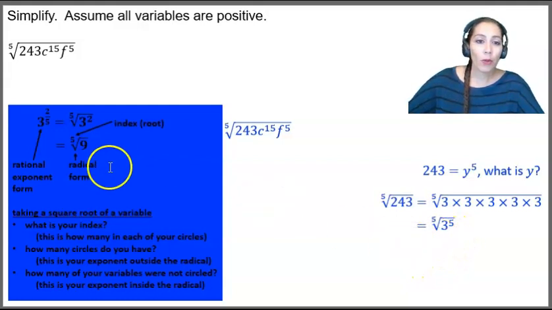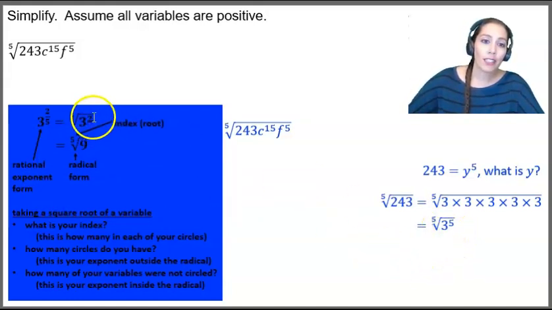Now, you will see that we have this in radical form. Let's go ahead and put it into rational exponent form. So with this, whatever is our exponent on the expression in the radicand will be our numerator in our fractional exponent. Whatever is the index or root will be our denominator in our fractional exponent.